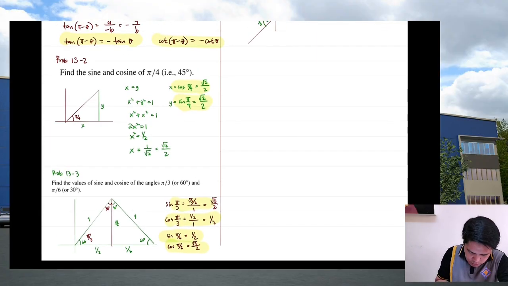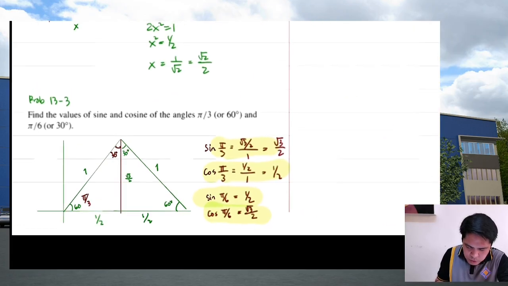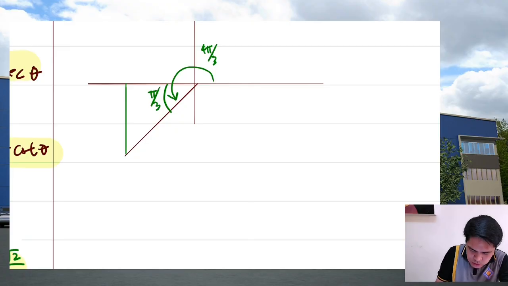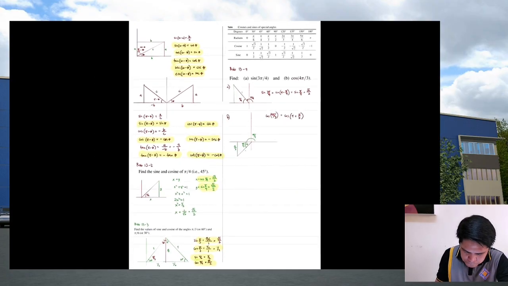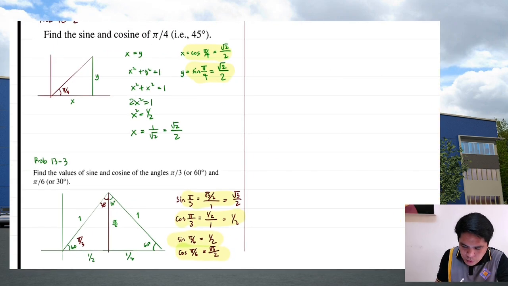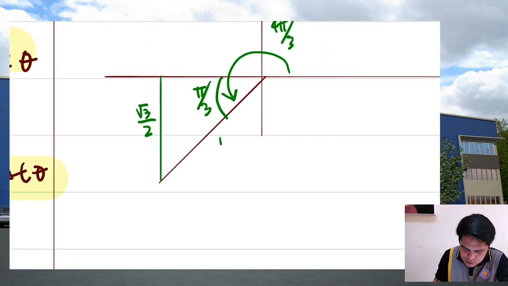That's pi over 3. So, this distance, as we solved earlier, this is 1. This is square root of 3 over 2, but it goes downward because it's in the third quadrant. So, that means it's negative square root of 3 over 2.